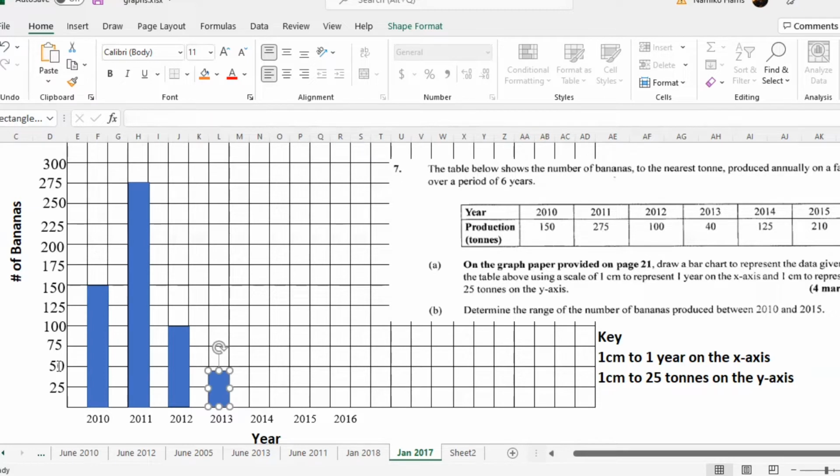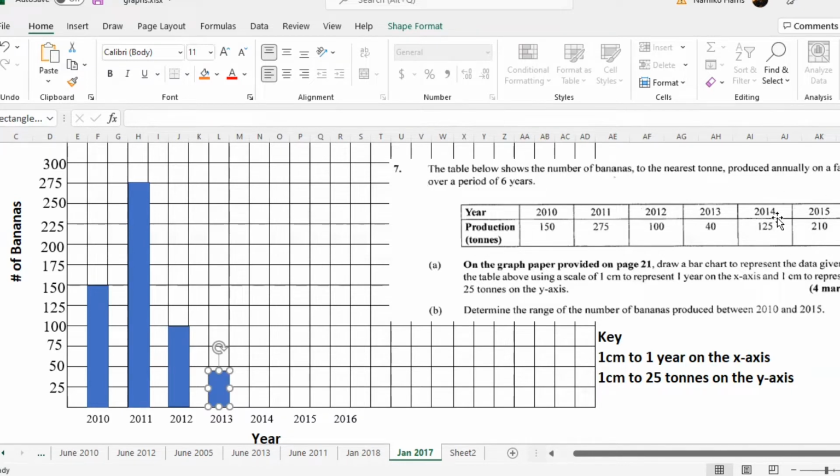It is 25, then 50, then 75, then 100, 125, 150, and we go on and on until we just pass the last reading. The highest reading on our table was 275. So we just went 1 centimeter up to represent that.